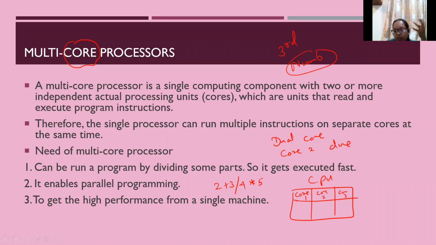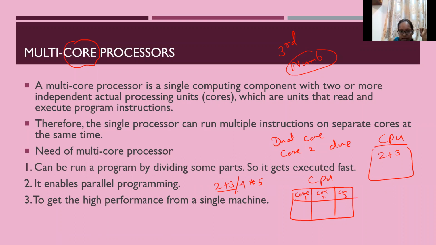If the CPU has only one core, first it will take the 2 plus 3 part into its core. So it will do this calculation first. 2 plus 3, that is 5, right?